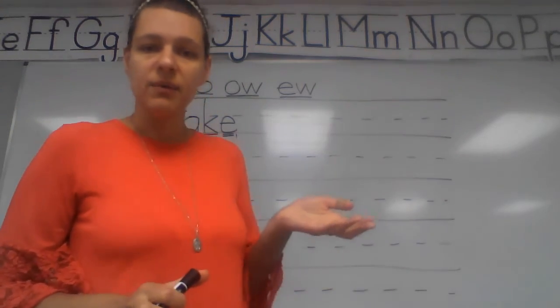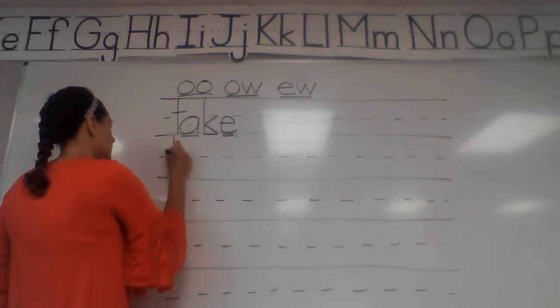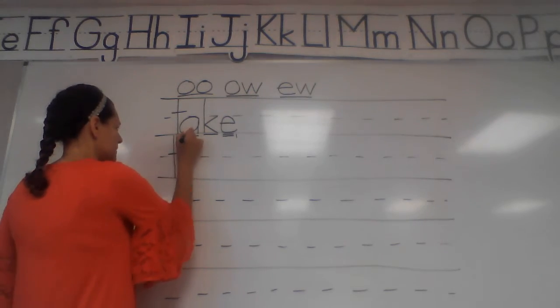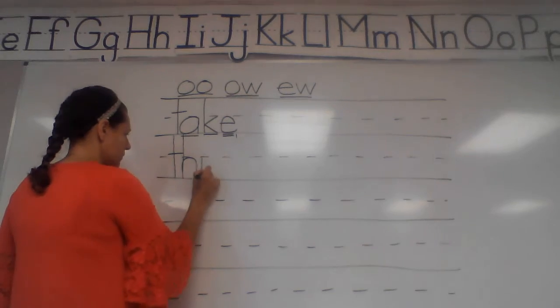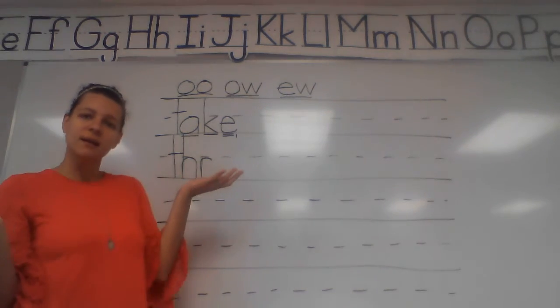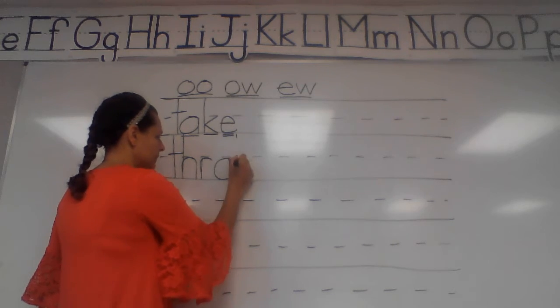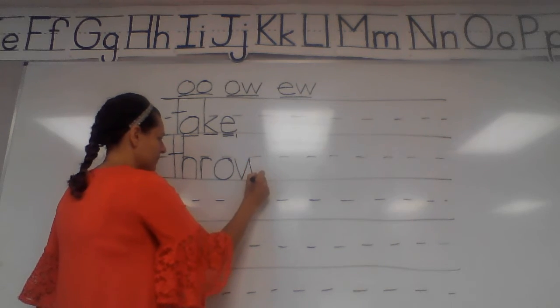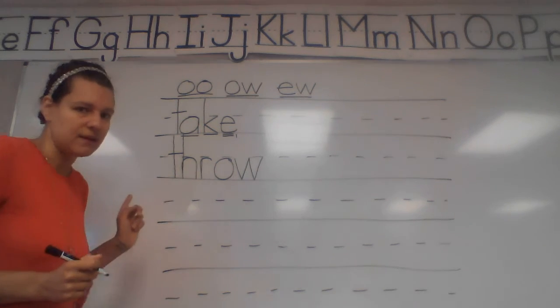All right, class, tell me what I need to write to spell throw. Good, remember we need 2 letters to say o. Which O is it? Good, ow-o. All right, make sure yours looks like mine and then we can mark it.